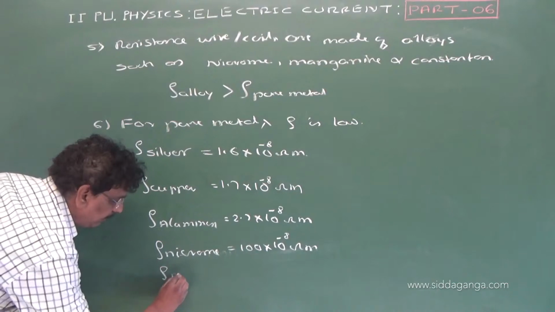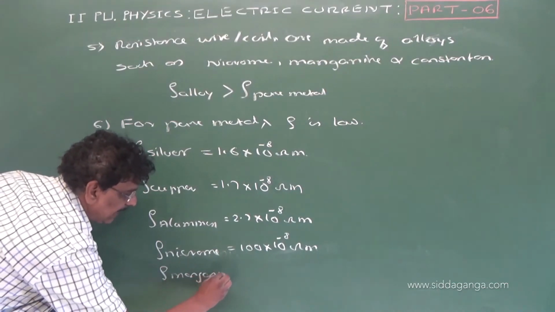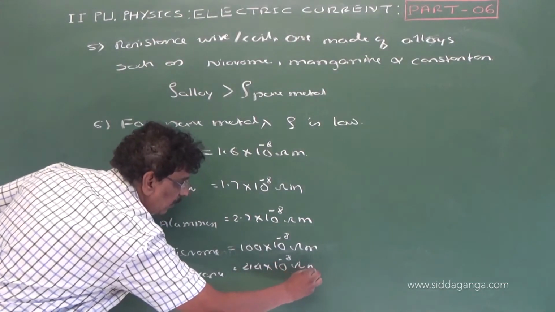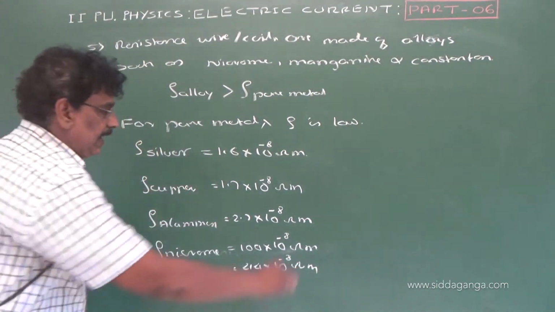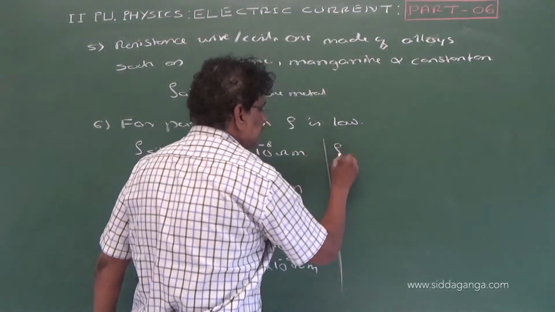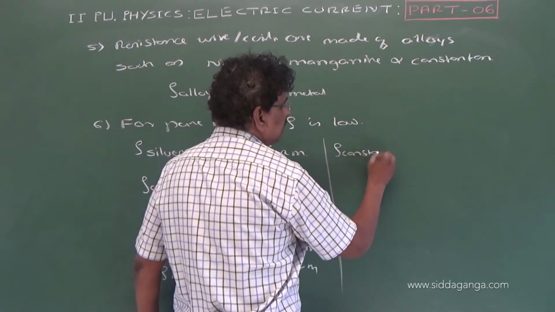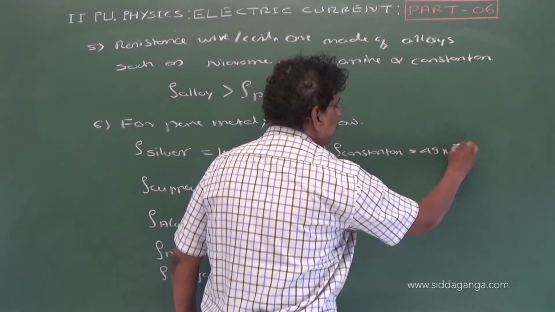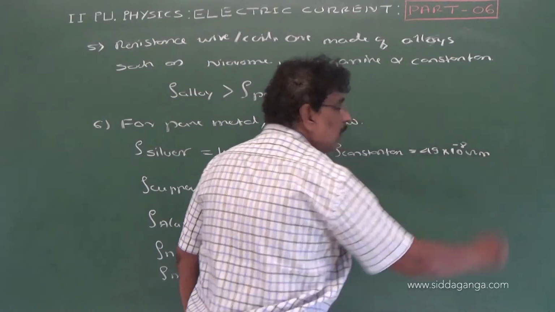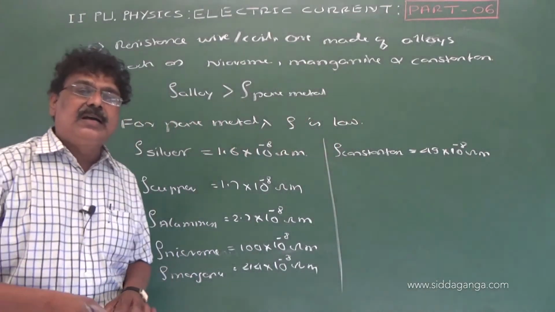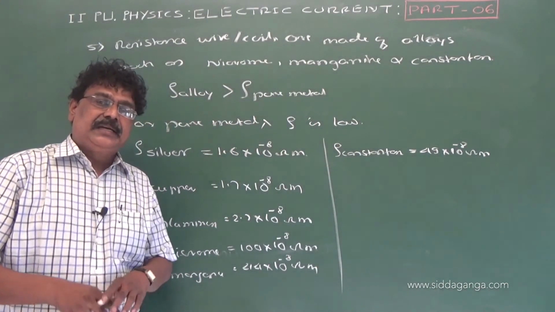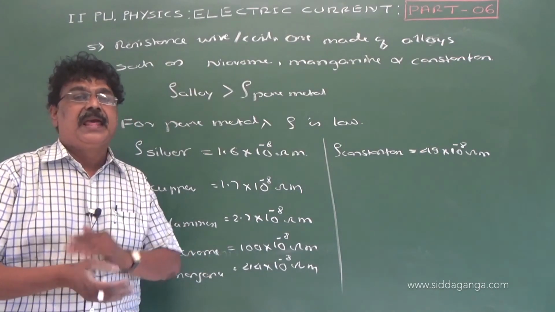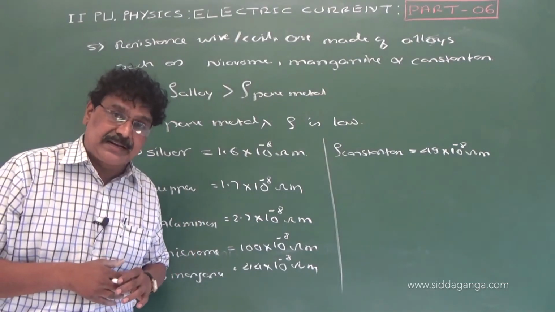Now resistivity of manganin is equal to 44 into 10 power minus 8 ohm meter, and the resistivity of constantan is equal to 49 into 10 raised to the power of minus 8 ohm meter. So among the metals, silver has the lowest resistivity, highest conductivity.